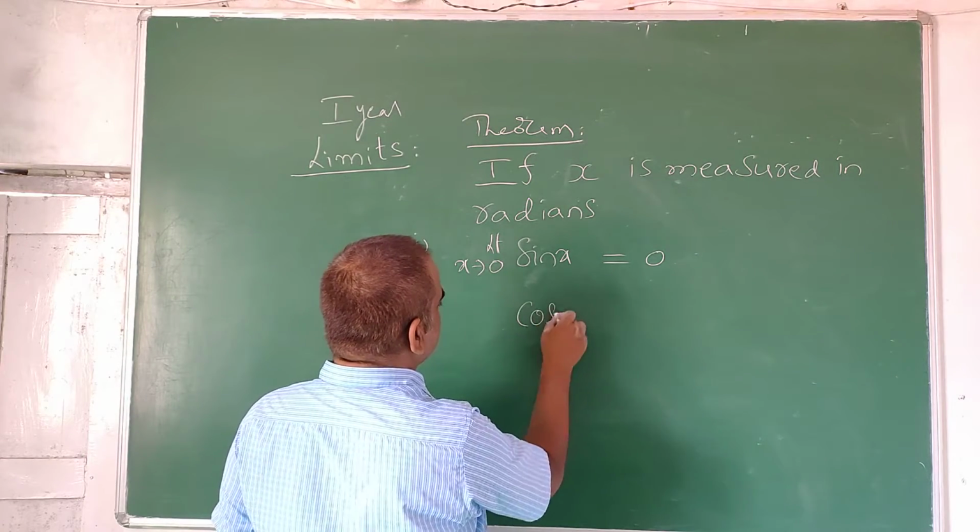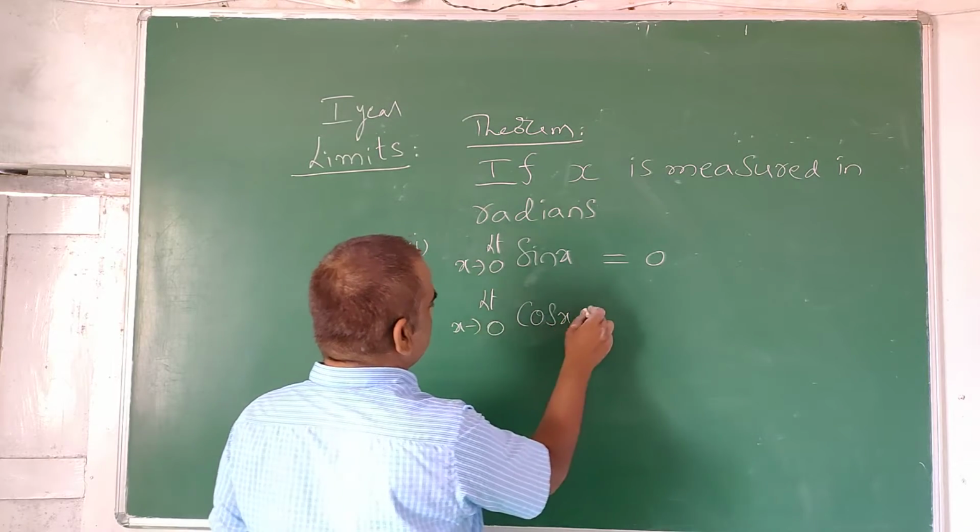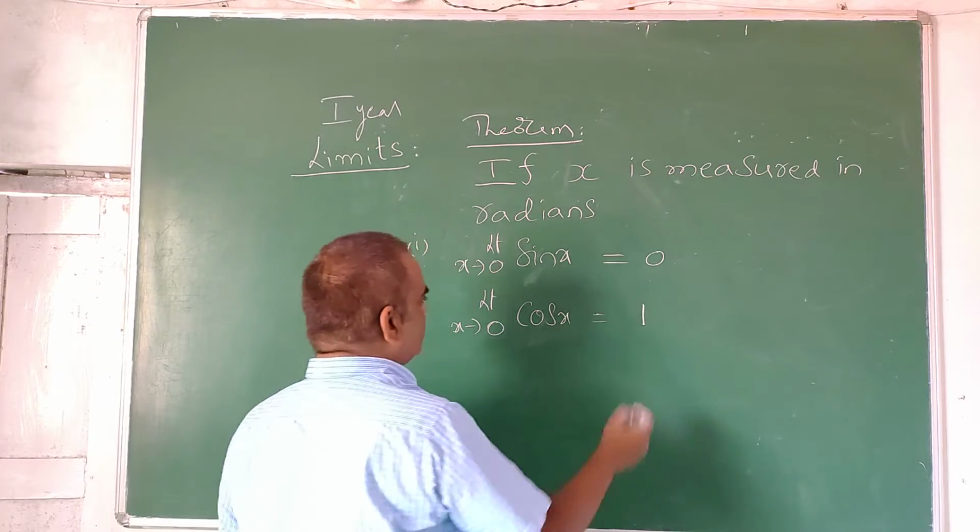Second, limit x tends to 0 of cos x is equal to 1.